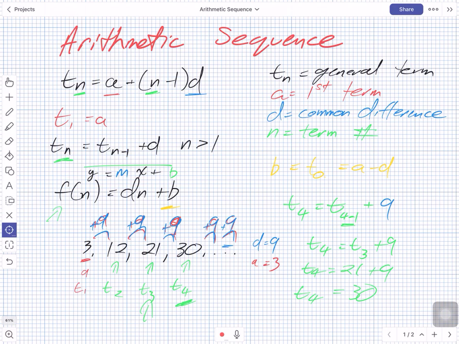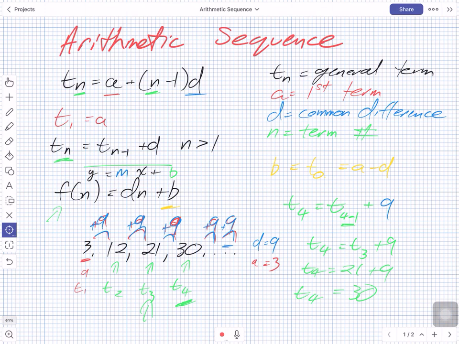The only thing is in a linear equation, we can get 1.5 for x. In this case, your n values are only whole numbers or natural numbers, like 1, 2, 3, 4, 5. So we wouldn't put in 1.5 for x. x would just be 1. What's the first term, the second term, the third term? We don't ask for half terms or a third of a term, okay?